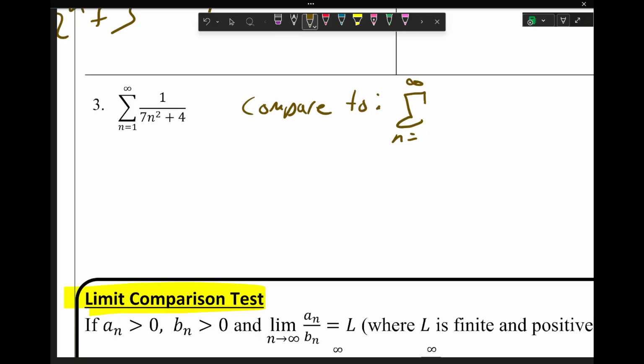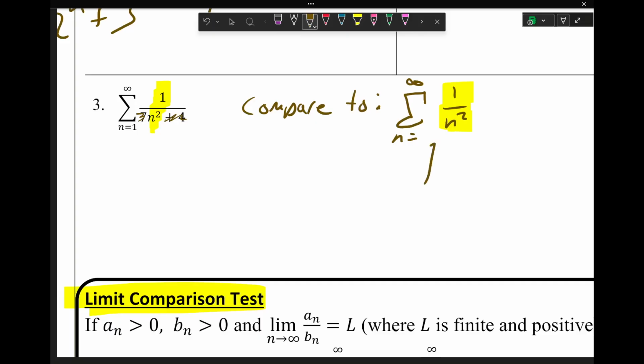You want to focus on the important stuff. Is this +4 going to be that important? Not really. Even the times 7 here. If this converges or diverges, multiplying the denominator by 7 is just going to make it converge or diverge quicker. So really that doesn't even matter either. The stuff that's really important is the 1 over n squared. So to me, that's what I would try to compare it to.